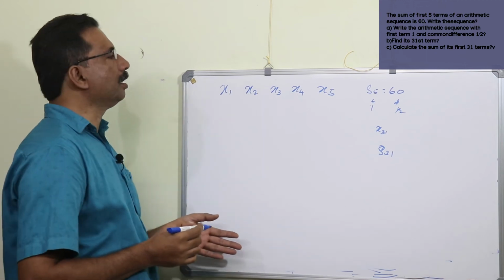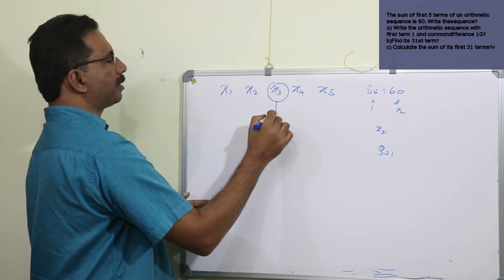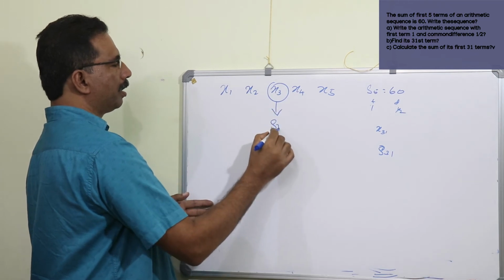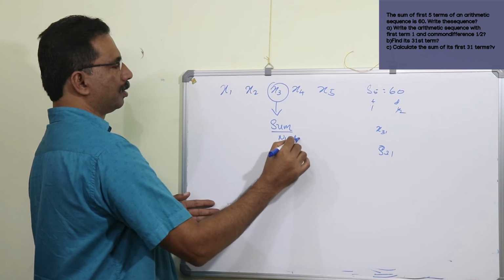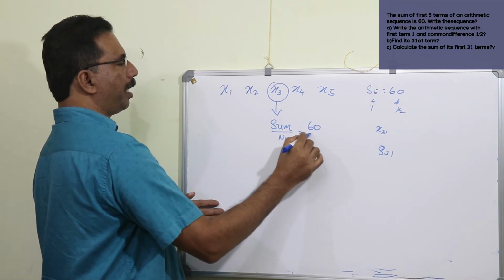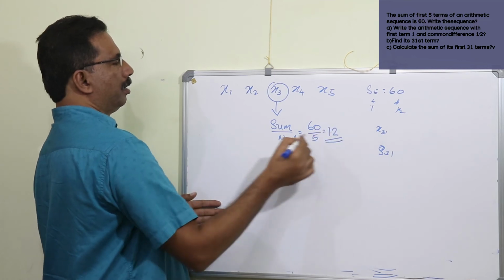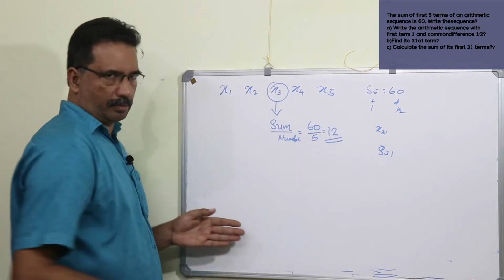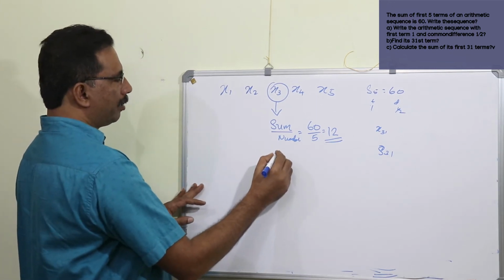The number of terms is odd. Therefore, the middle term x3 is equal to sum divided by number of terms, 60 by 5, is equal to 12. Middle term is 12.